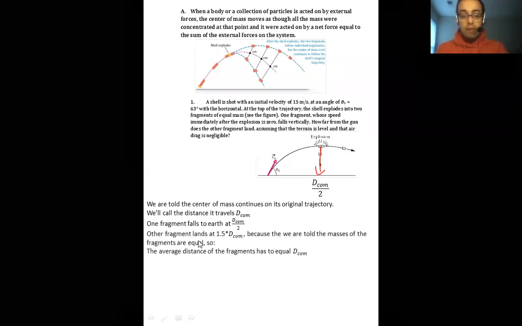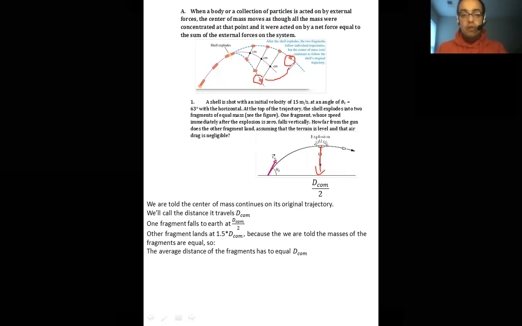The other fragment is going to have to land at 1.5 times dCOM because we're told the masses of the fragments are equal. So in other words, if we're doing a weighted average, if this weight is equal to this weight, or if this mass is equal to this mass, so M1 equals M2, the only other variable that we can play with to account for the center of mass is going to be the distance.